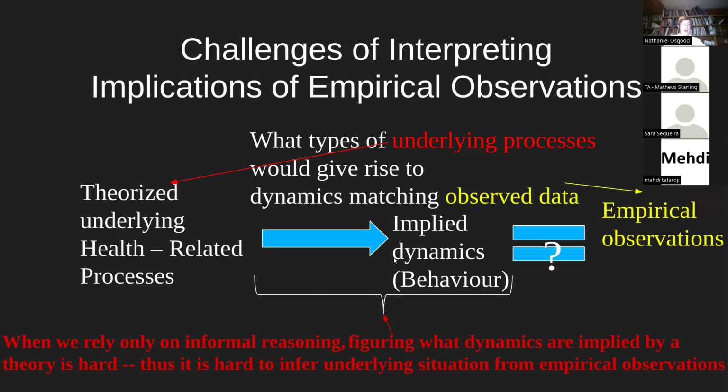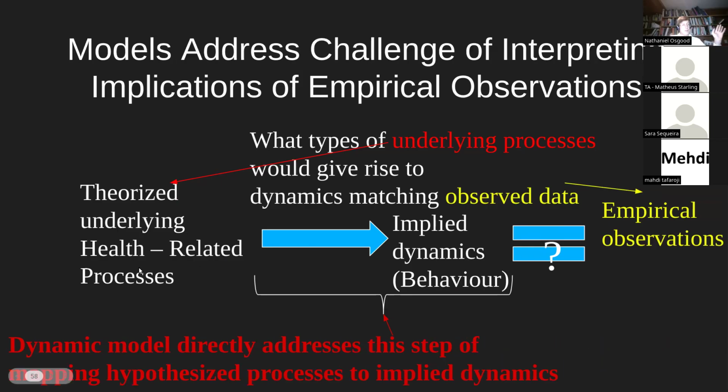Instead of reasoning in our head about our hypothesis in the world and asking, is it consistent with the empirical evidence? Does it give rise to behavior that is consistent with the evidence we see from the world? Is the evidence from the world consistent with my theory of what's going on? Instead of doing that, we can use a model to link these two, right?